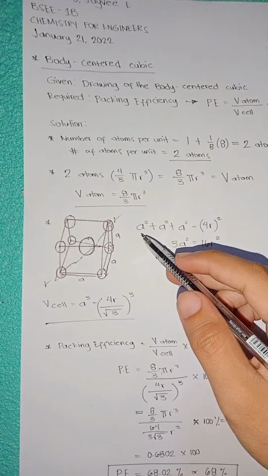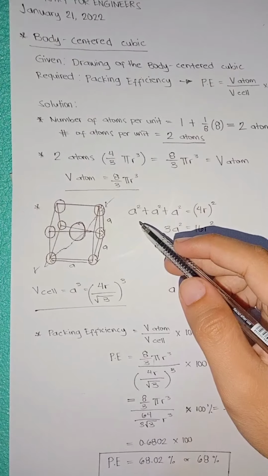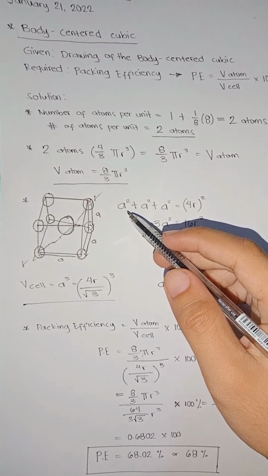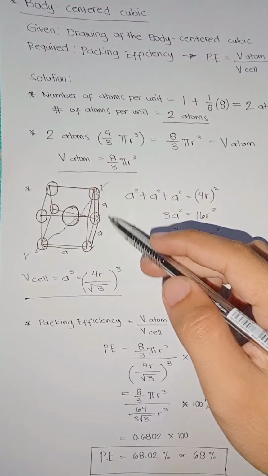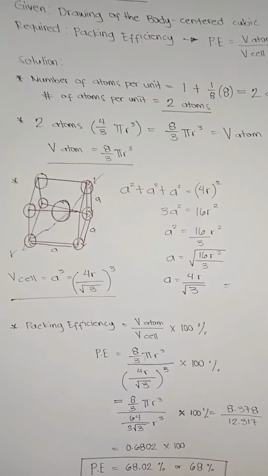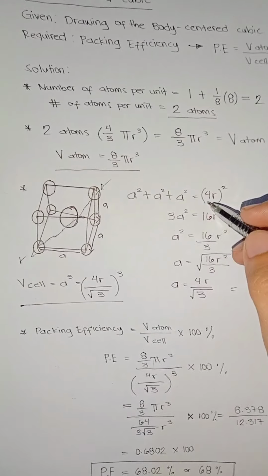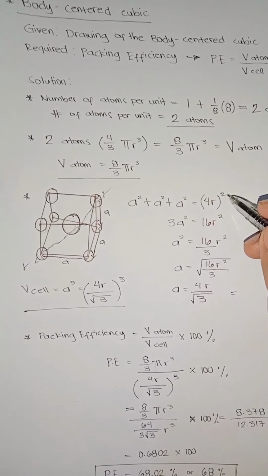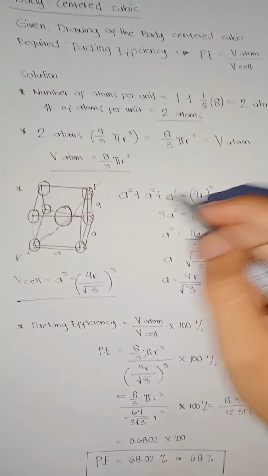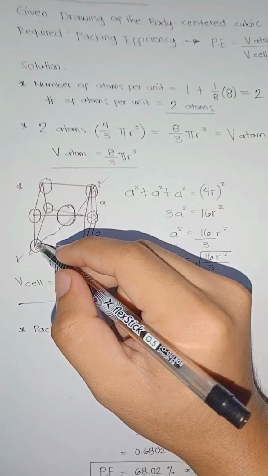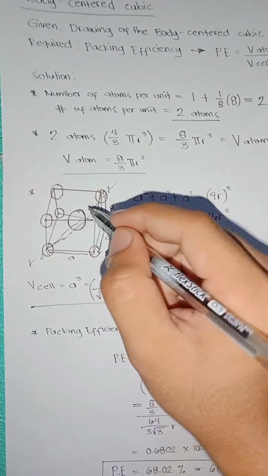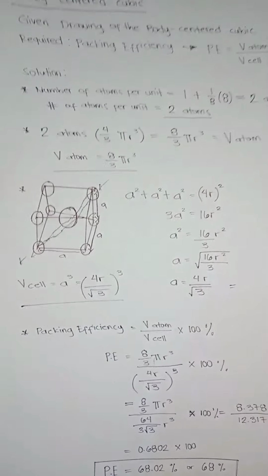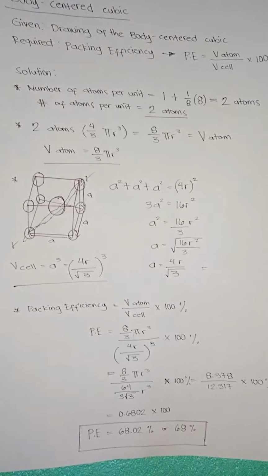This is the Pythagorean theorem, but we put a since they all have the same length. It equals 4r squared, since it has 4 radii: 1, 2, 3, and 4. And sorry for my drawing.